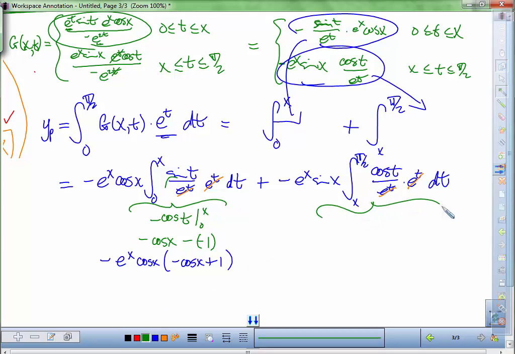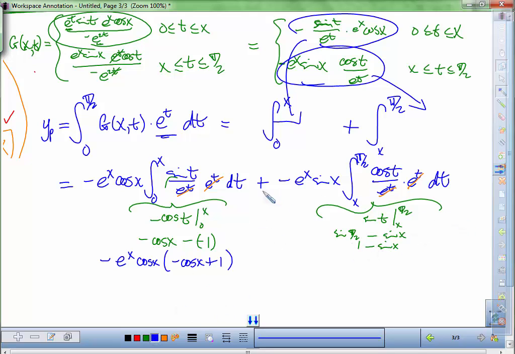Second one. It's just a cosine. The antiderivative of cosine is positive sine, so we got sine t, where t gets evaluated from x to pi over 2. The order is important. What's sine of pi over 2? 1 minus sine x. So we got 1 minus sine x.